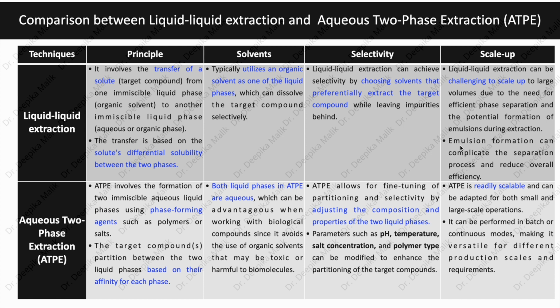So, just to brush up, an emulsion is a mixture of two or more liquids that are usually immiscible, but under specific conditions, they manage to form a homogeneous mixture. On the other hand, aqueous two-phase extraction is readily scalable and can be adapted for both small and large-scale operations. It can be performed in batch or continuous modes, making it versatile for different production scales and requirements.